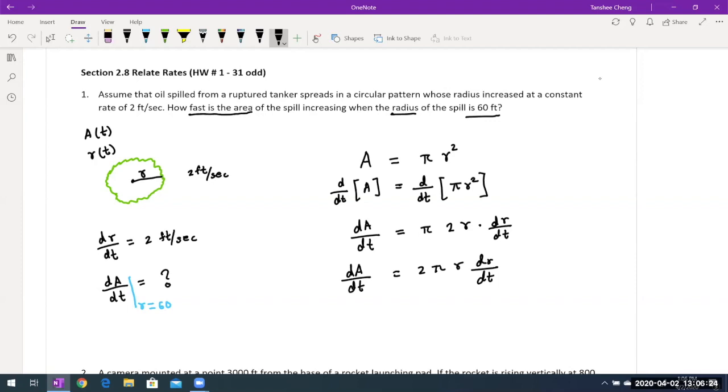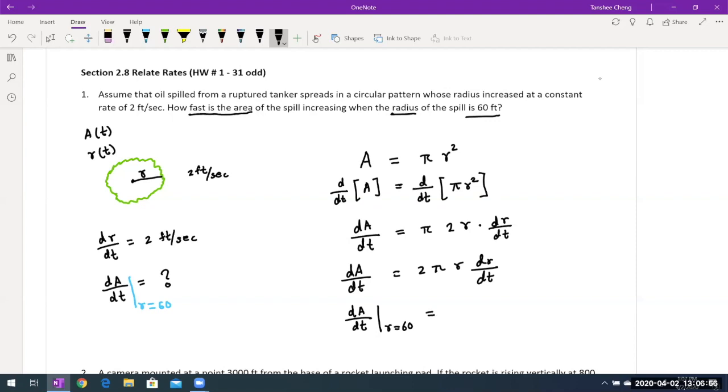So what are we interested in? We are interested in the rate of change of the area with respect to time not in general, but for a specific radius. So this is a general formula that we got, and now we want a specific evaluation. That will be the derivative of A with respect to time at r equal to 60, a specific radius.